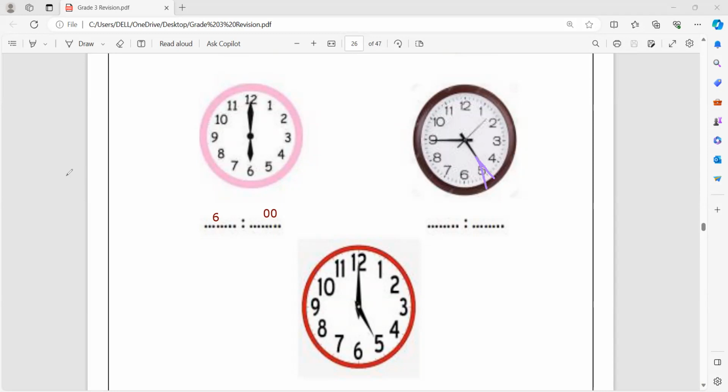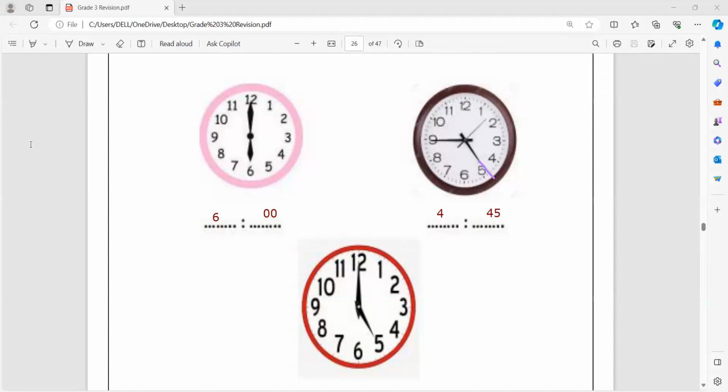But it's still before 5, so I'm going to say that we have 4 hours. And what about the minutes? We are going to jump by 5 until we reach here. 0, 5, 10, 15, 20, 25, 30, 35, 40, 45. So this is 45 minutes.